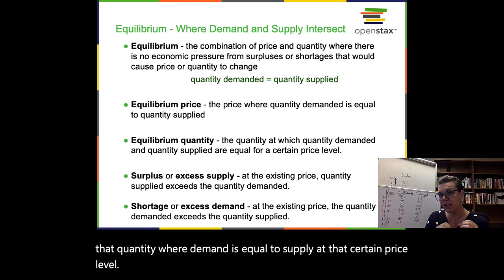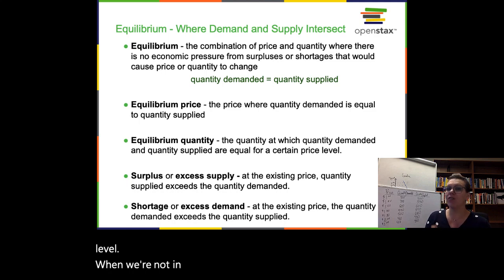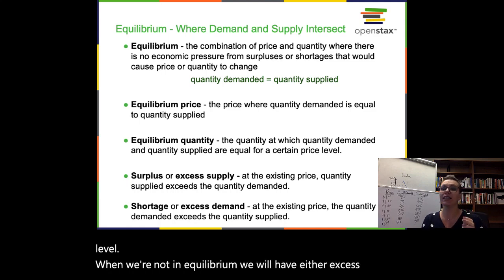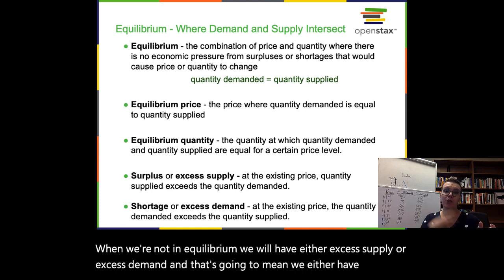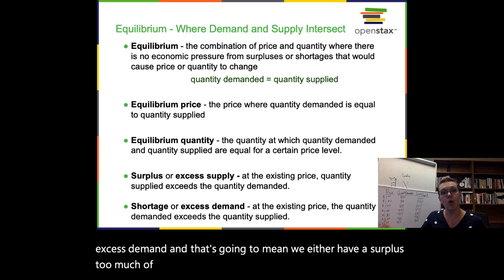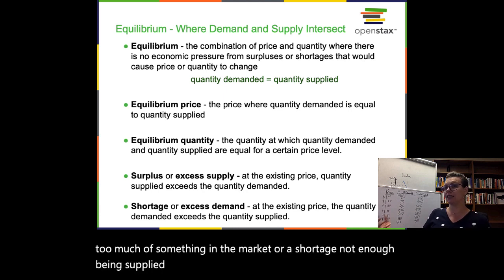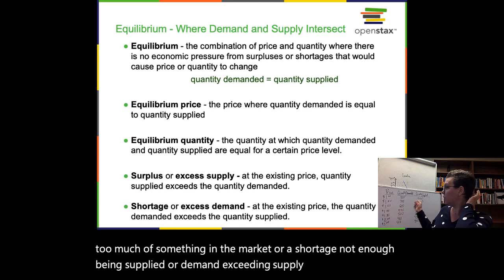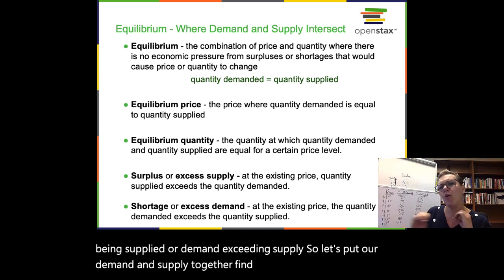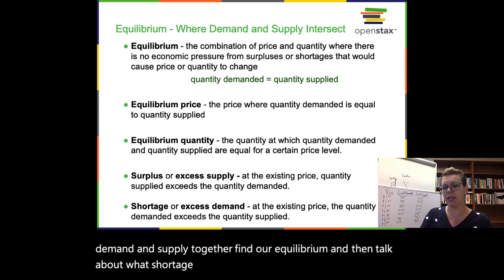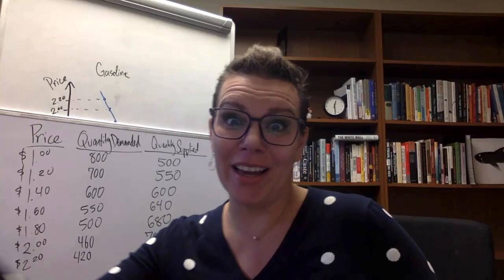When we're not in equilibrium, we will have either excess supply or excess demand, and that's going to mean we either have a surplus, too much of something in the market, or a shortage, not enough being supplied, or demand exceeding supply. So let's put our demand and supply together, find our equilibrium, and then talk about what shortage and surplus might look like. Okay.